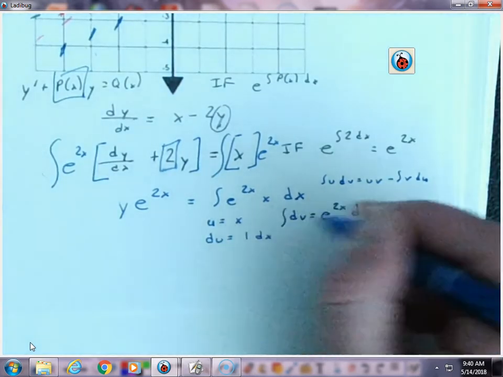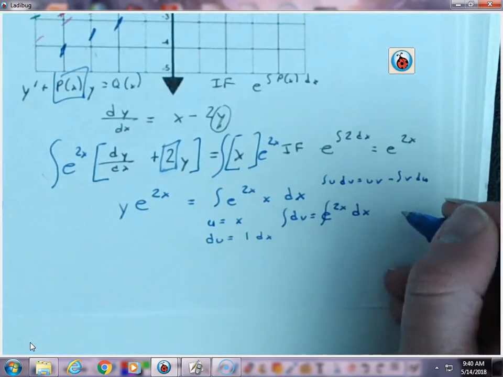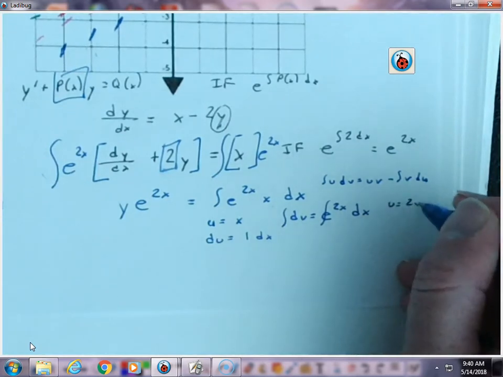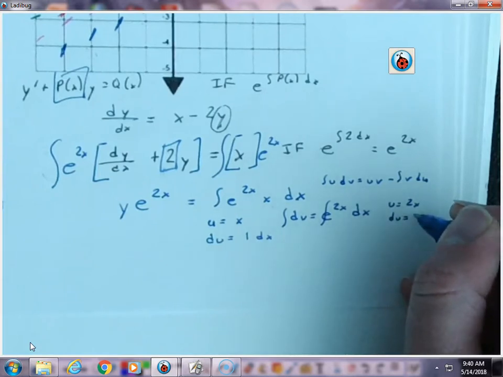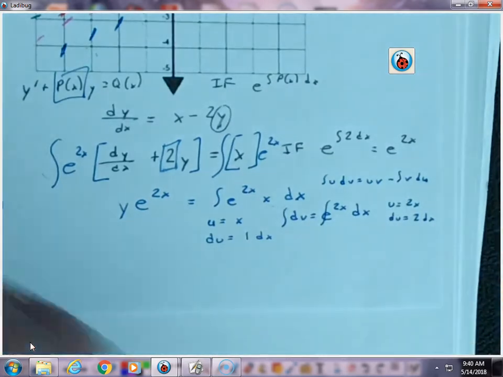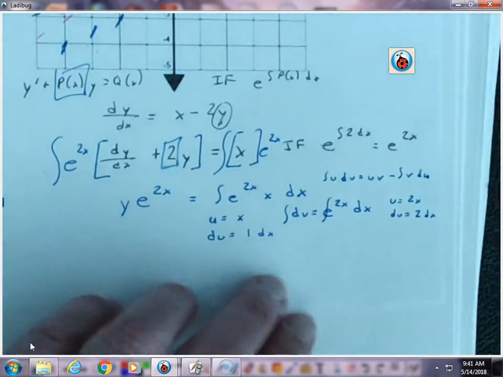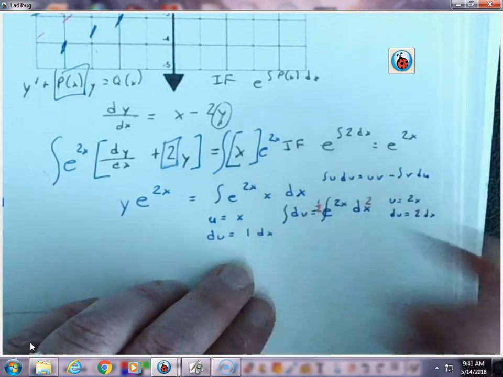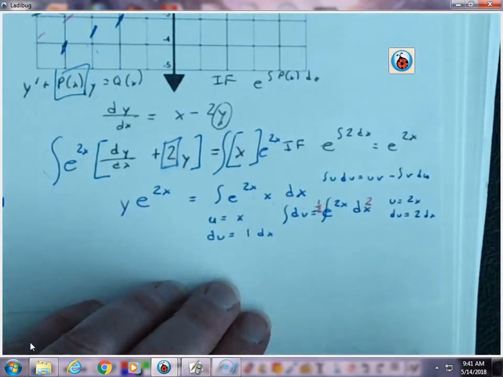So basically that's a u substitution. Okay, u would be 2x, du. Do I have it? Can I get it? Okay, so I'd need a 2 and a 1/2. Is this too tiny for words?